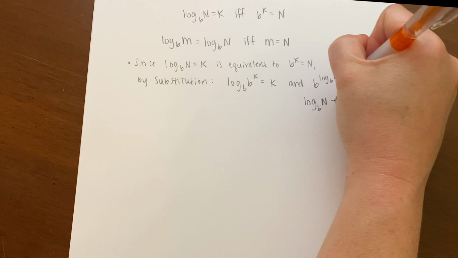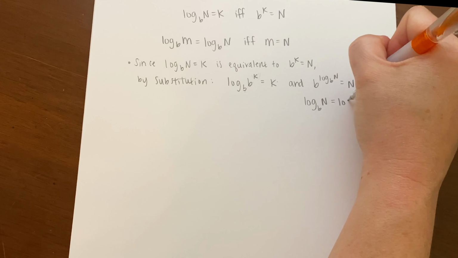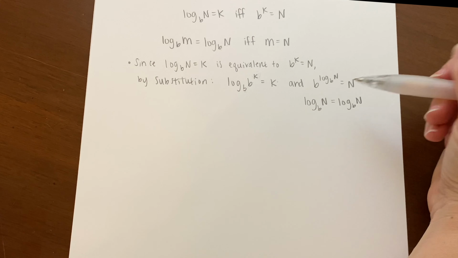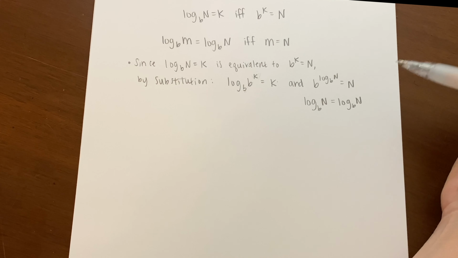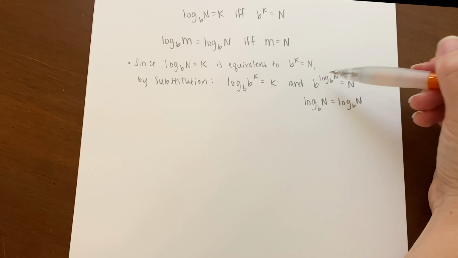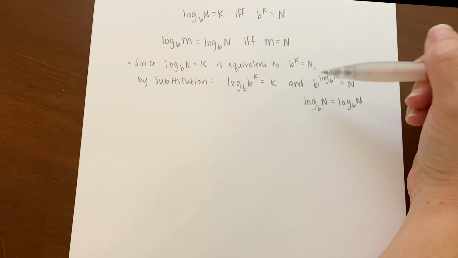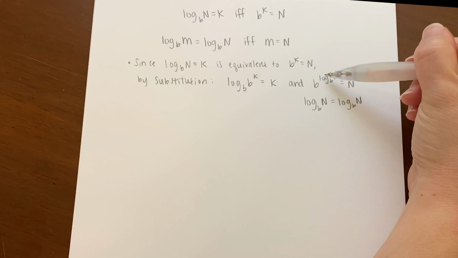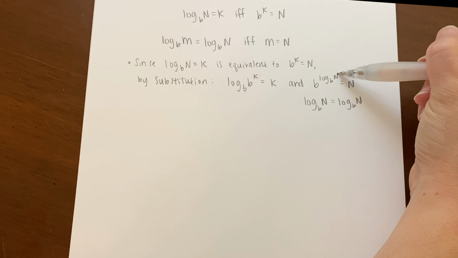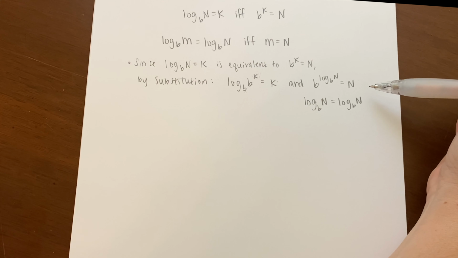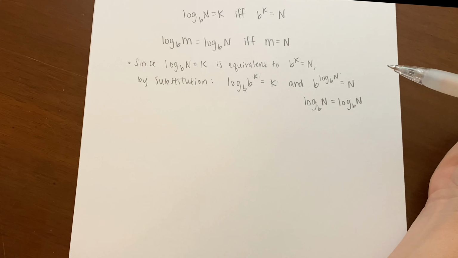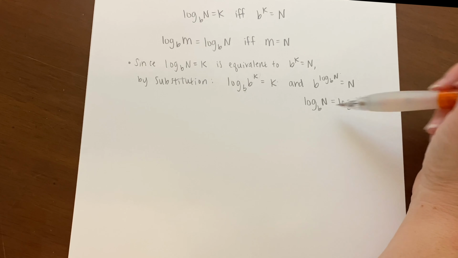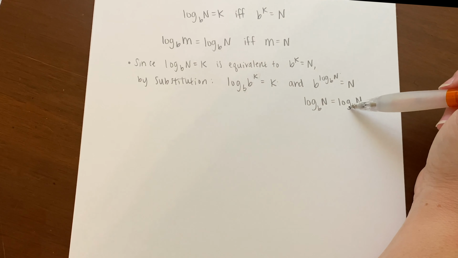So this comes to this side, this goes to this side. And you can see that this statement is just saying it's equal to itself. So again, we can use this trick to simplify stuff later, because if we have 3 to the log base 3 of 12, the answer would be 12, because 3 to the log base 3 kind of cancels out and just that 12 is left over. It's not really canceling out, but it's following this property.